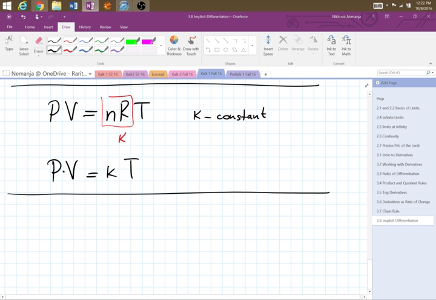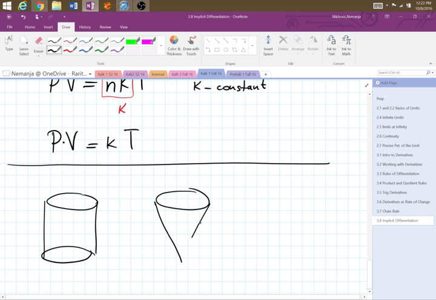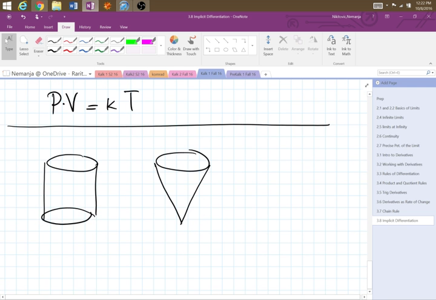Another example, which will be looked at in detail later on in your related rates section, is a cylinder and a cone. When you look at these two shapes, they have very similar formulas for volume. It is base times height, and this one is 1/3 base times height, because it's what I call a spiky object.